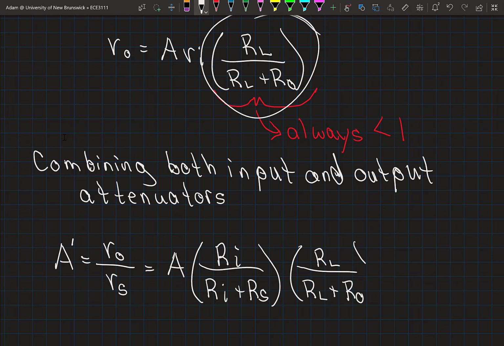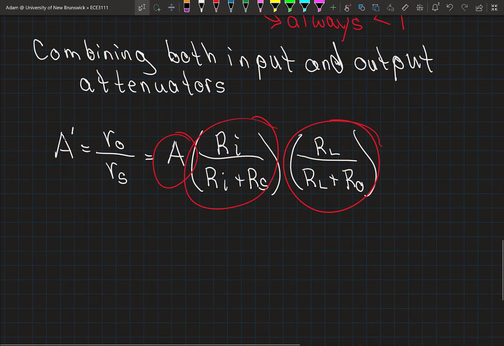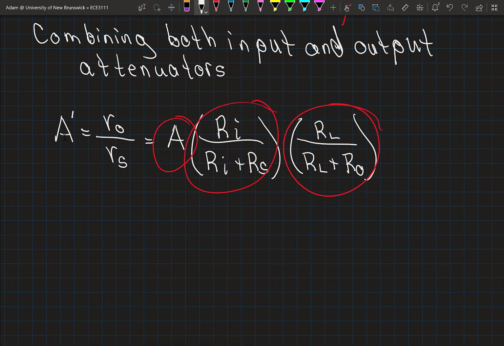So we have two terms that are less than 1 here and here, multiplying together and with the amplifier gain to create an overall gain that is known as the effective gain, that is a reduction or a reduced gain from that gain of the amplifier.